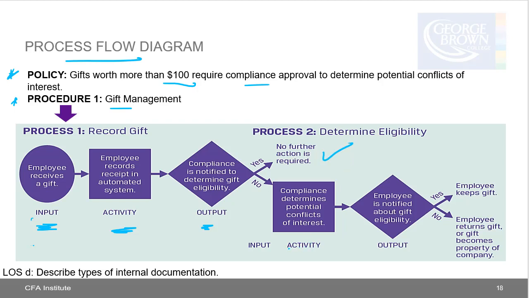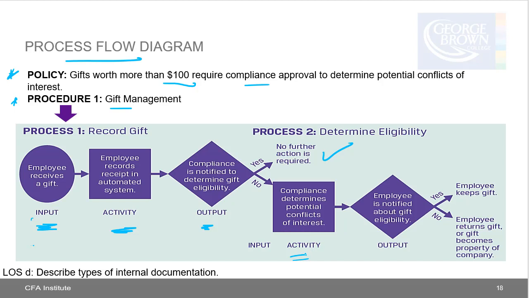Alternatively, the compliance department may need to determine whether there is a potential conflict of interest, which would trigger a second process. See, for each process, you've got an activity and an output. So the gift, compliance notified. Is it eligible? No, but they want to determine more information.